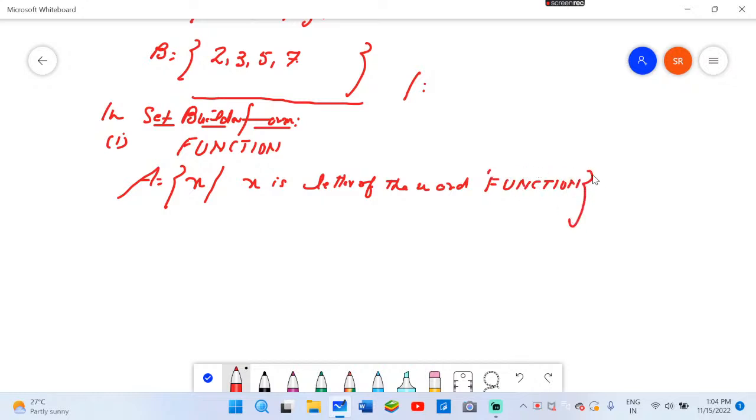We can put in single commas just to differentiate. This becomes set builder form.